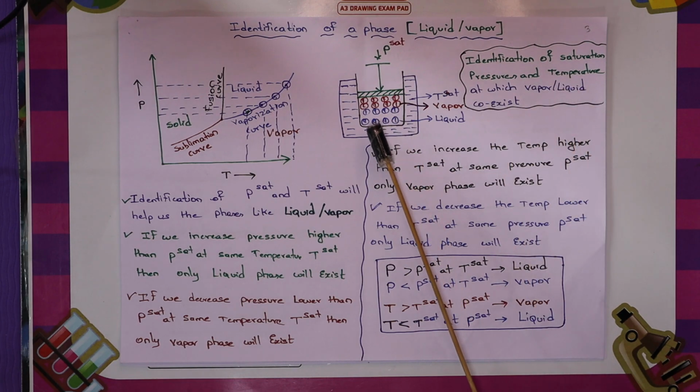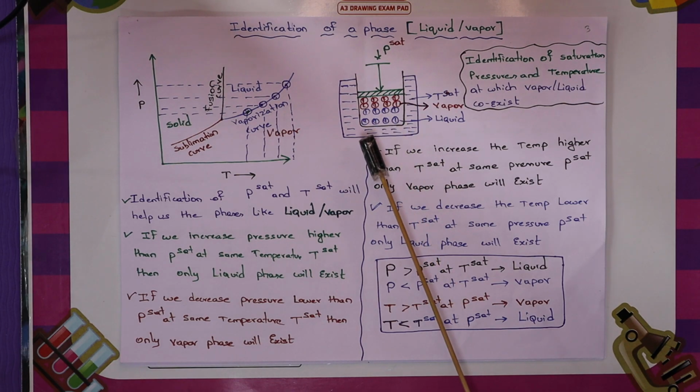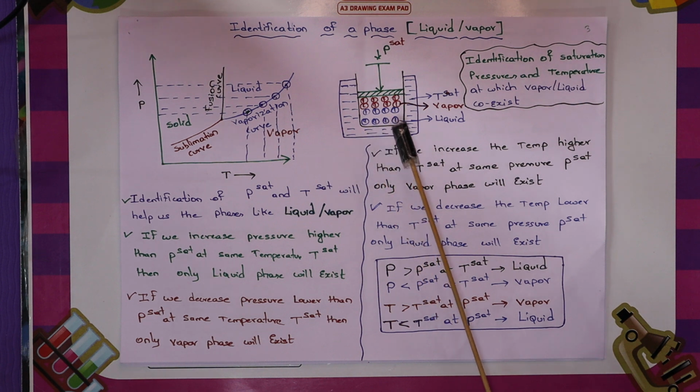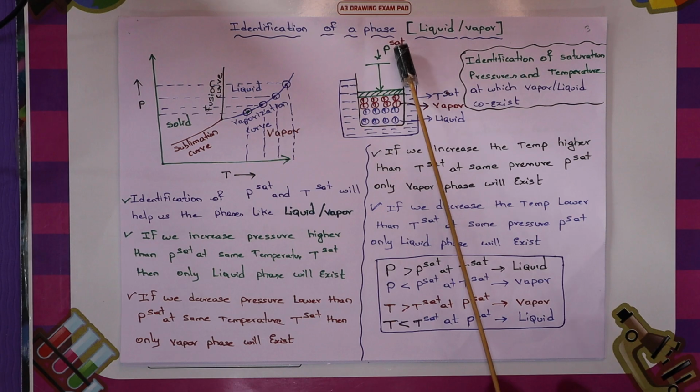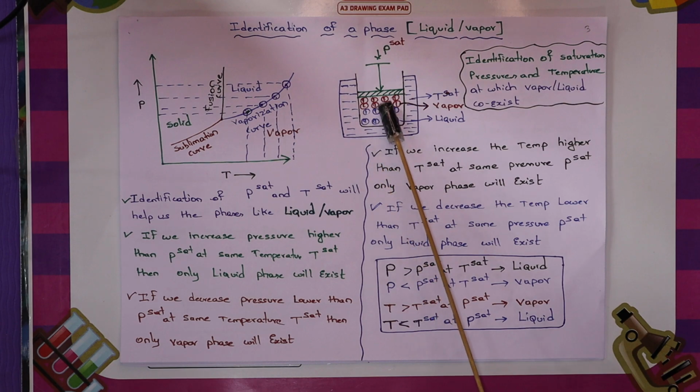What are the saturation pressure and saturation temperature? It is such a temperature and pressure where a substance can exist as a liquid as well as a vapor. Either it can exist completely as a liquid at saturation temperature and saturation pressure, or completely as a vapor, or as vapor plus liquid at the same condition.